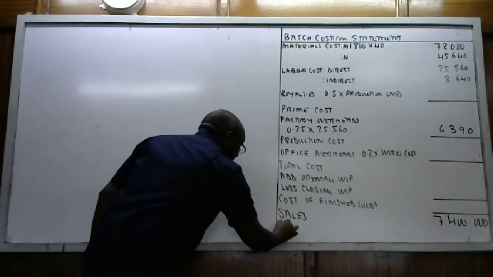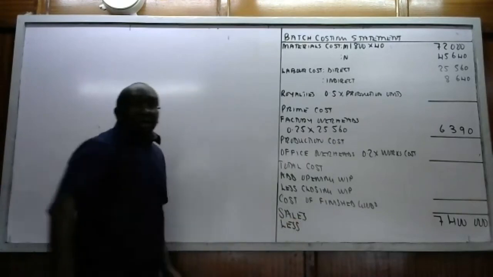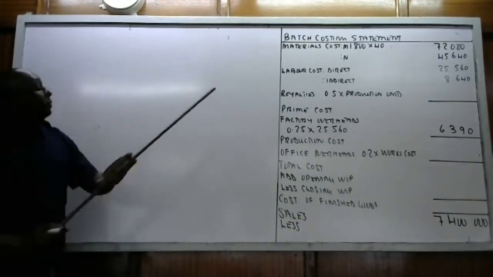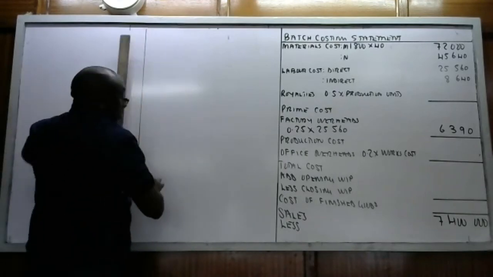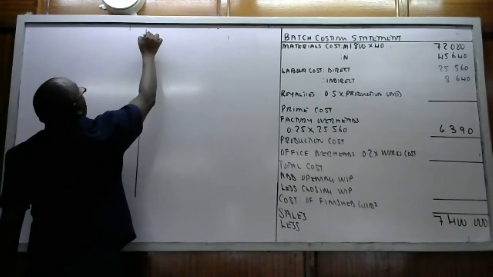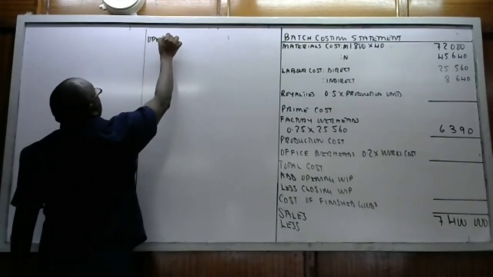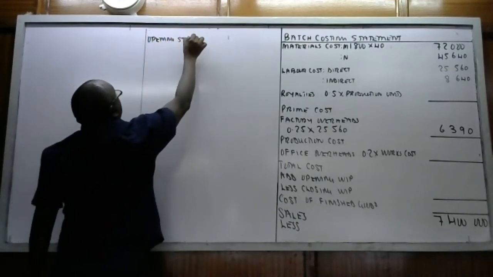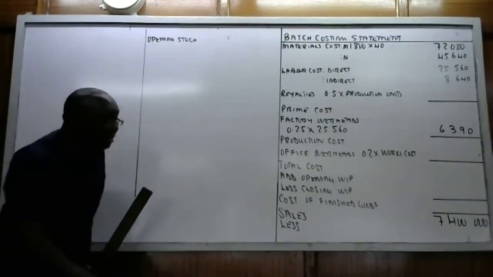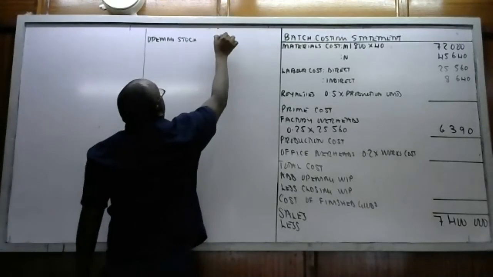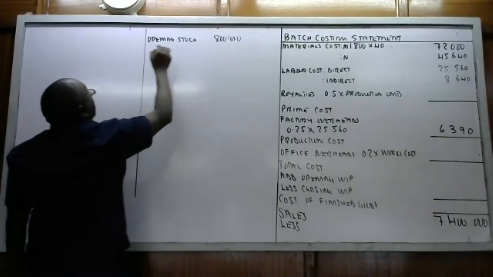Then you say less. First you bring opening stock. Opening stock is what we have been given, 800,000. I think it is in shillings.